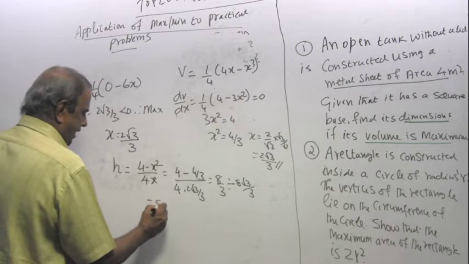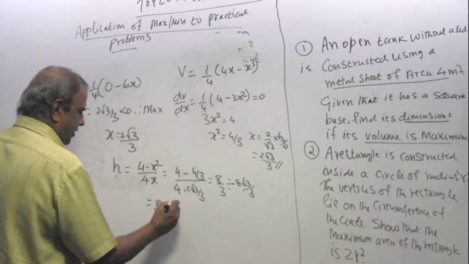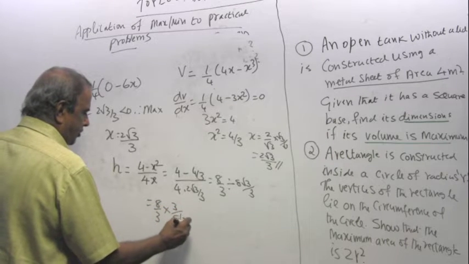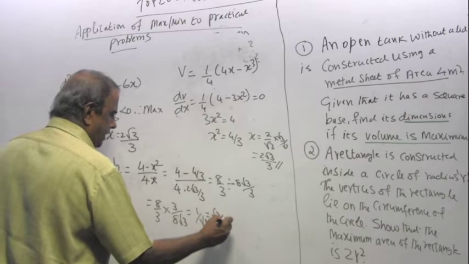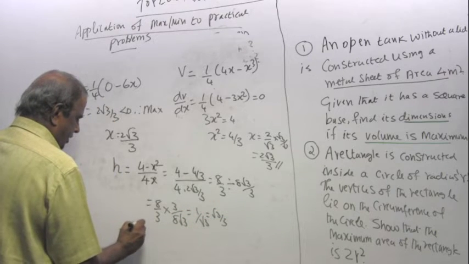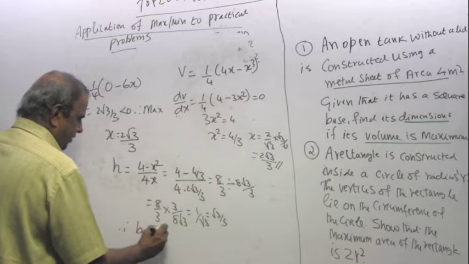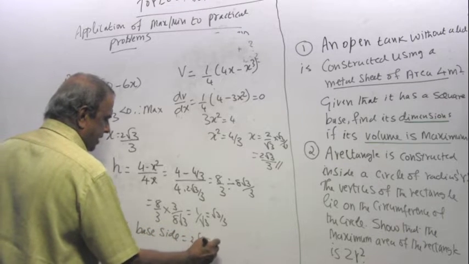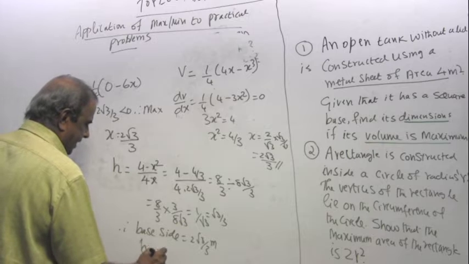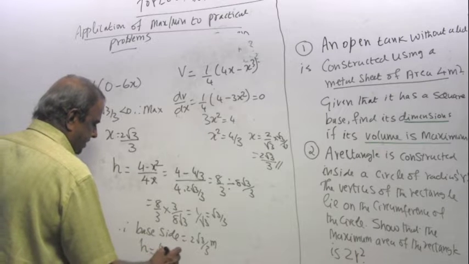Or 8 over 3 times 3 over 8 root 3. That's 1 over root 3 or root 3 by 3. So therefore, base side is 2 root 3 over 3 meters and then the height is root 3 over 3 meters.